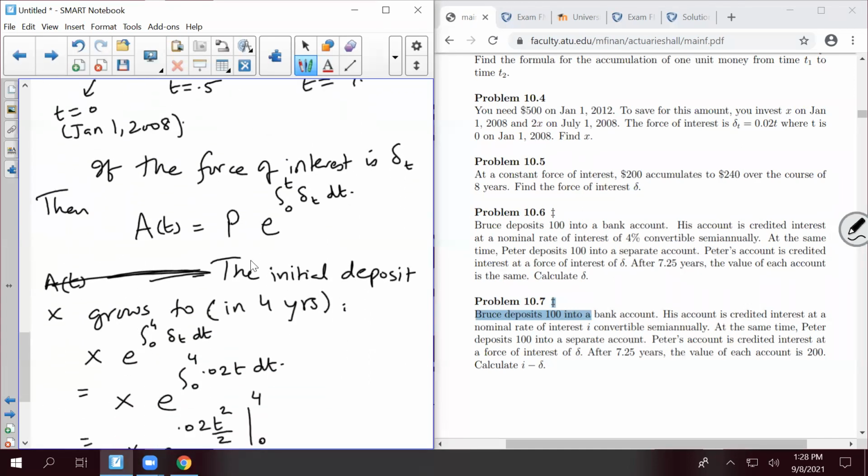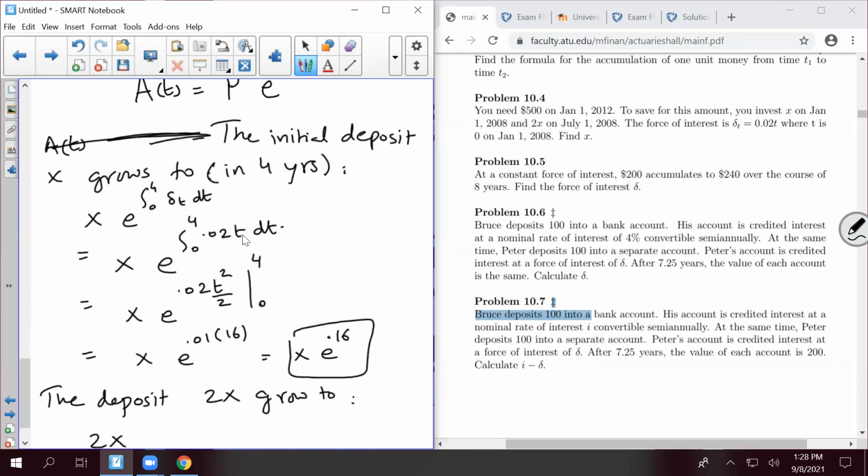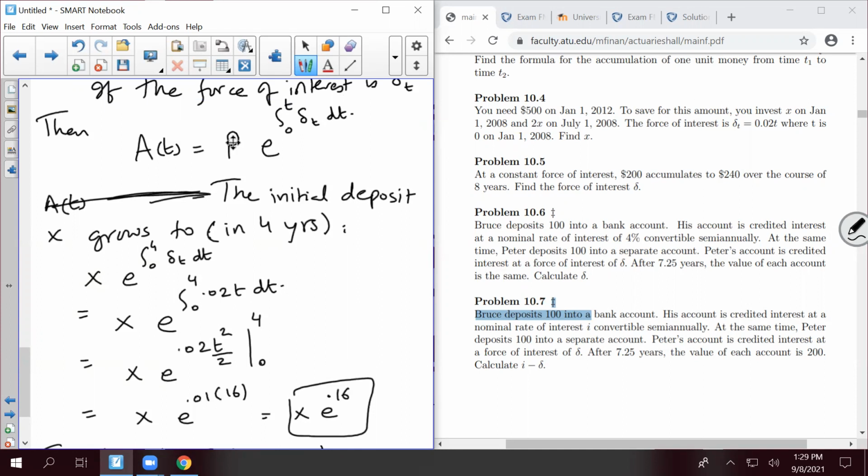So what will happen is that when we write the expression for this, 2X is the principal. Remember, we are trying to use this equation. 2X is the principal. And now this is the normal equation because normally your principal is being deposited at time 0 and it stays for time t. So you go from 0 to t. This one is deposited at time 0.5.